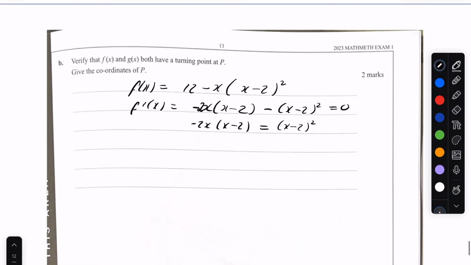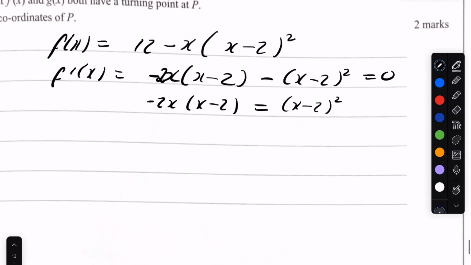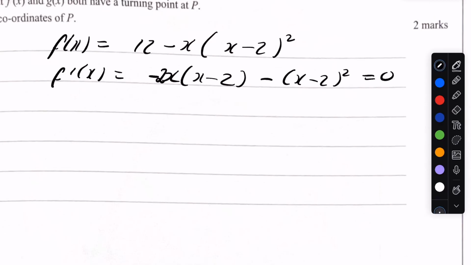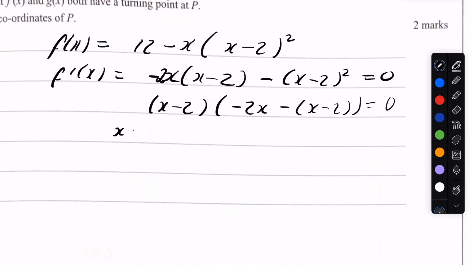So from here, actually what you can do is take out (x minus 2) as a common factor. So (x minus 2), and you've got negative 2x minus x minus 2 is equal to 0. So x is equal to 2, or what's this?